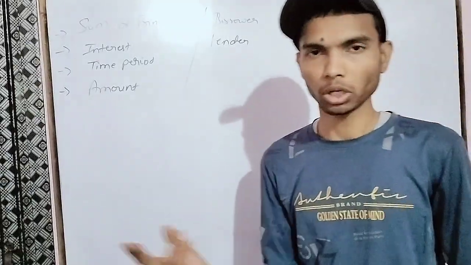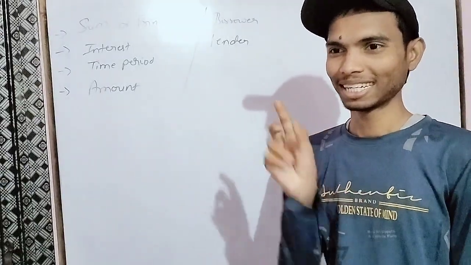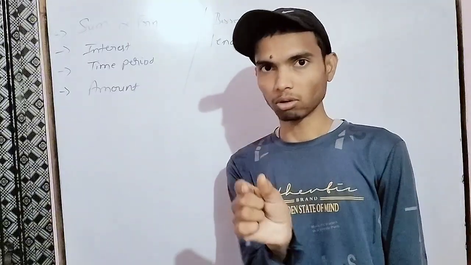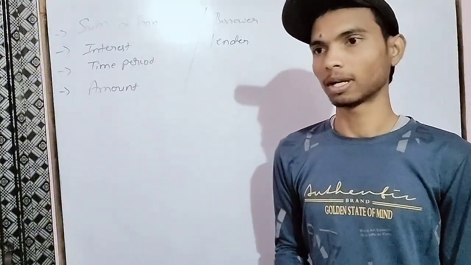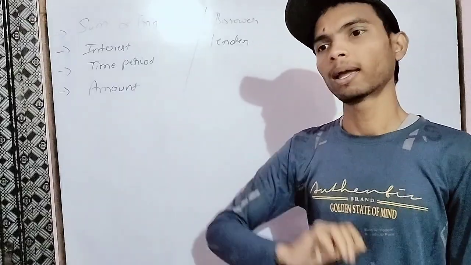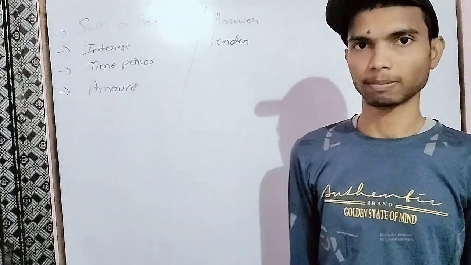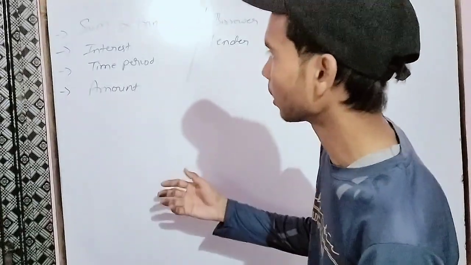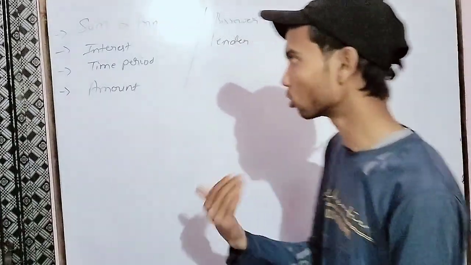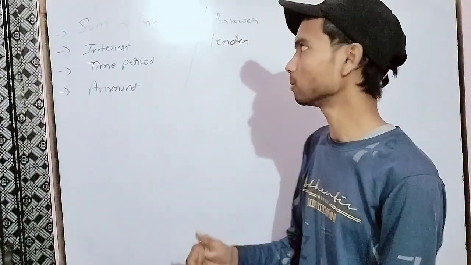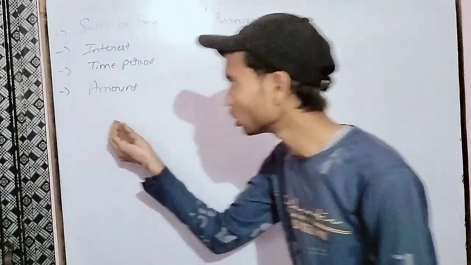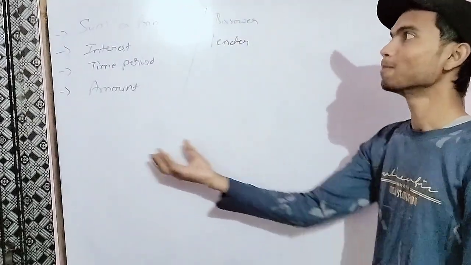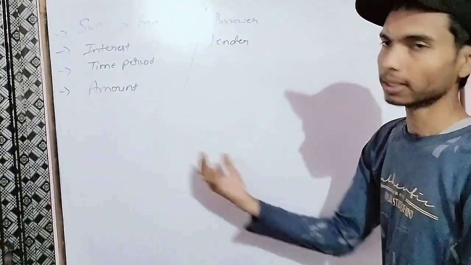Now, amount is what? It is nothing but the combination of two things. First is borrowed money, and second is interest. Instead of saying borrowed money, principal can be said. Borrowed money is a principal. So amount is the sum of principal and interest.